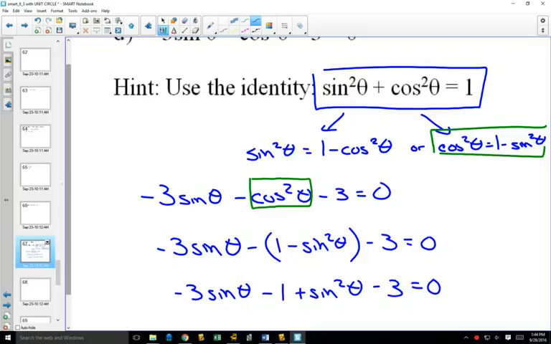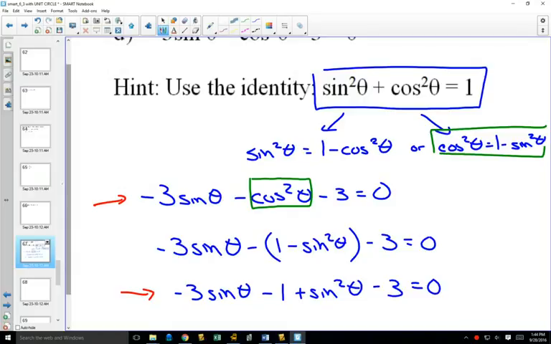So all we've done so far is change our initial question, which was here, which had sine and cos, which we're not able to solve for because we can't get sine by itself or cos by itself, to an equation that just has one of those functions, just sine in this case.